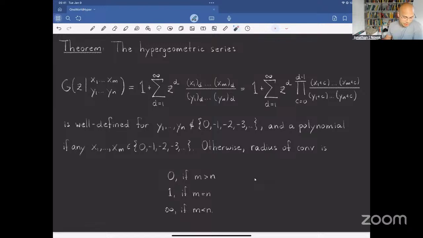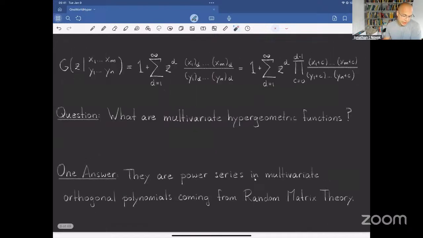If you open up any book on special functions like Andrews, Askey, Roy or something like that, it's all about hypergeometric series and manipulations with them to try to glean information about special functions which are of interest, but that you can't actually write down explicitly. Okay, so that's classical hypergeometric functions.